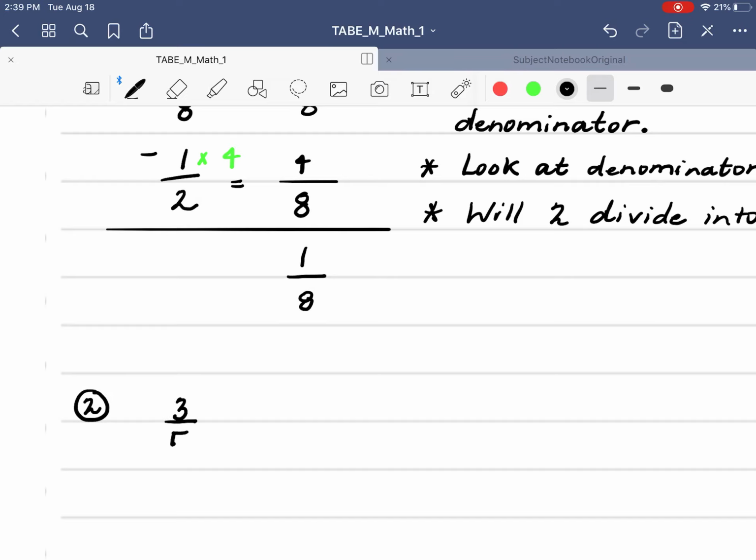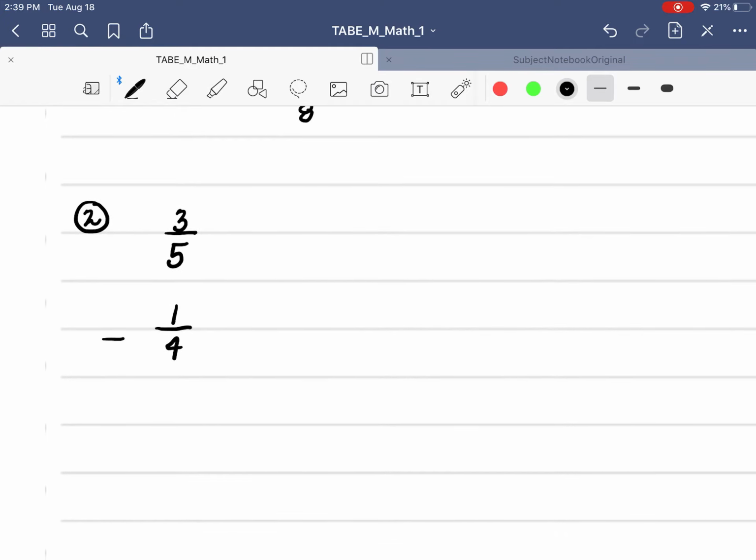So let's look at number 2. We have 3/5 and 1/4, and we want to add those two fractions. So I need a common denominator. And 5 is the larger of the two, but 4 will not divide into 5 evenly.